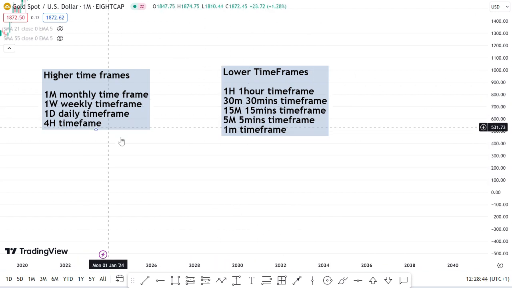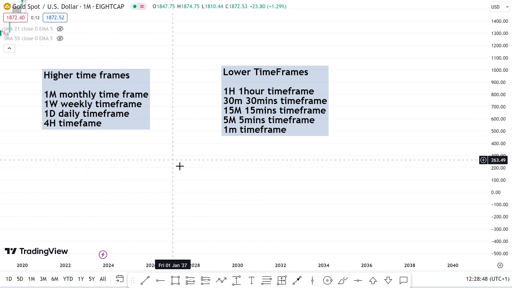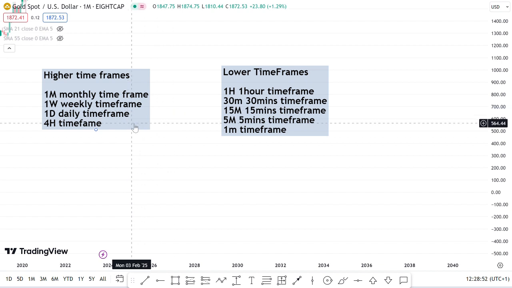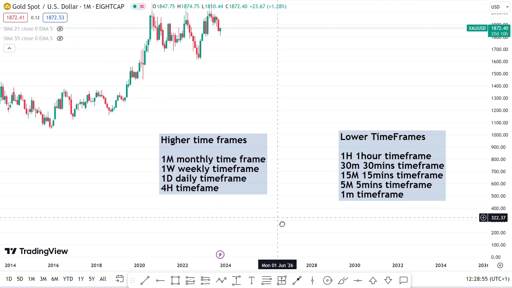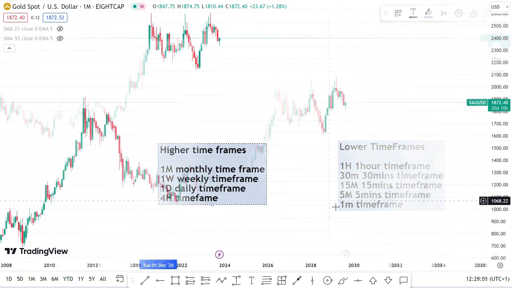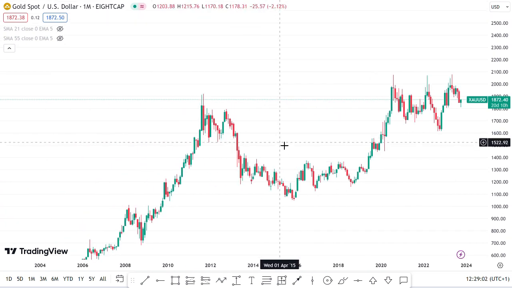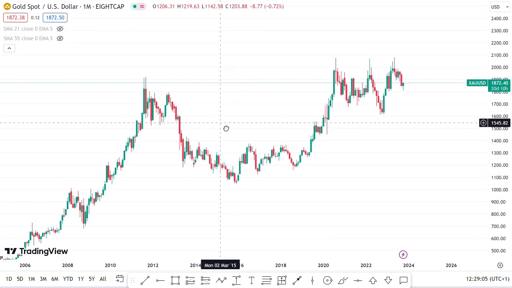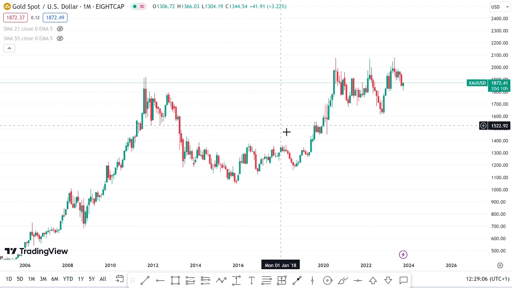So this is it, as you can see. Now I'll be diving into our chart so that I can show you how to do this. So on a higher time frame, this is the 1 month, and this is where you focus on with the weekly time frame.